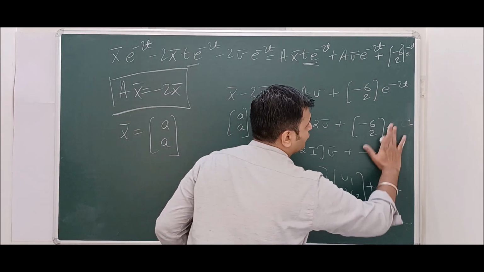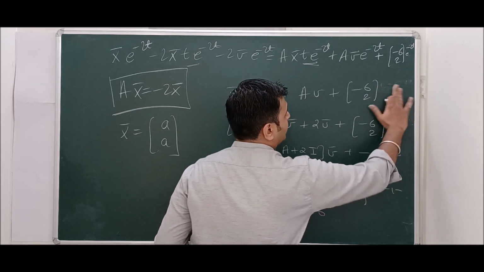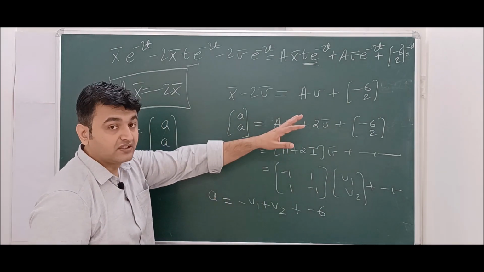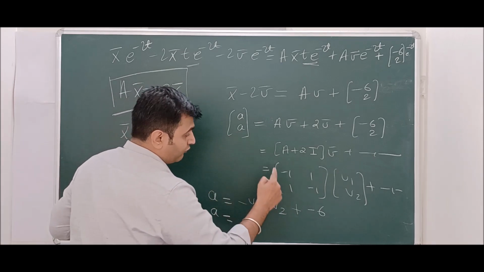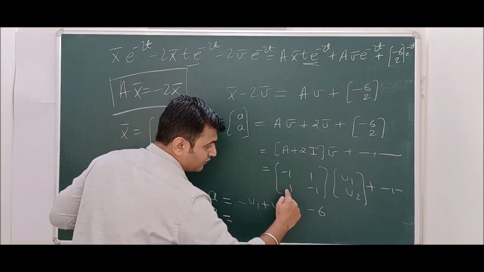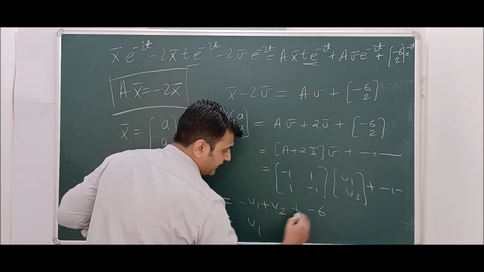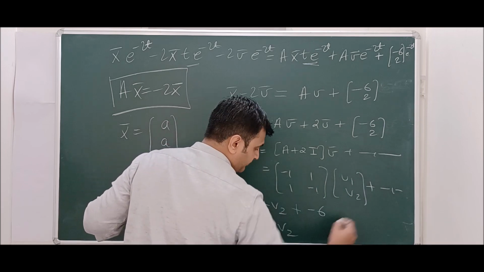Oh, here e raised to minus 2t won't be here, my bad. You are comparing the coefficients, so e raised to minus 2t will not come. Then again, the second component is a. What is the second component? 1 into v1 minus v2, and then plus 2.